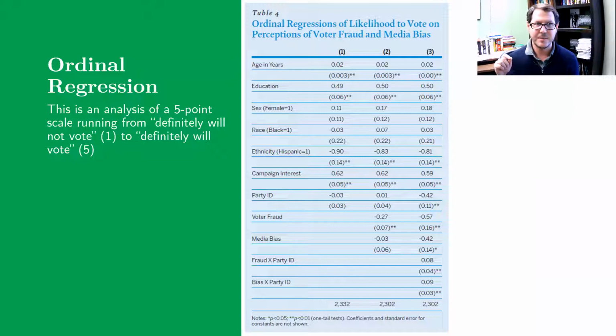So the dependent variable, always the place you start, is a 5-category scale with 1 definitely will not vote and 5 definitely will vote. So positive values in our table are going to push things up toward making people more likely to vote. Negative values are going to push things down toward that 1 category of definitely will not vote.